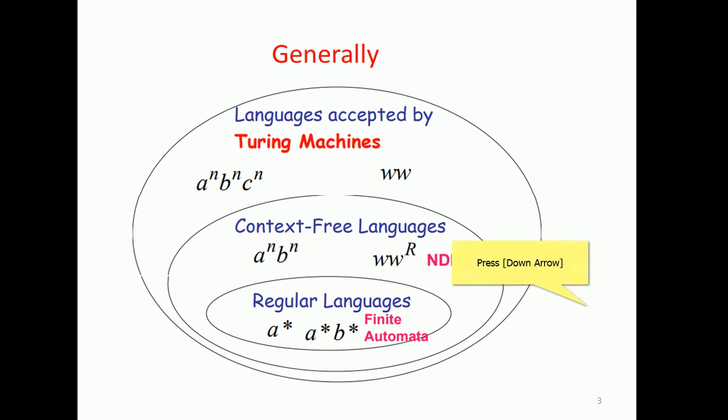The other way, the improved model which is a complete computer, that is the personal computer in the sense of general purpose applications, is the Turing machine. So that is a power n, b power n and c power n, and the string ww. This can be accepted by the Turing machine.